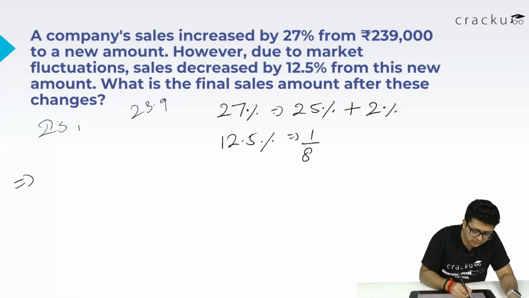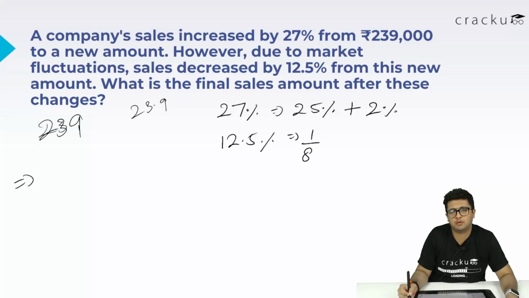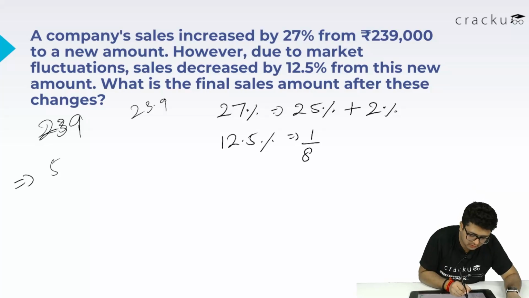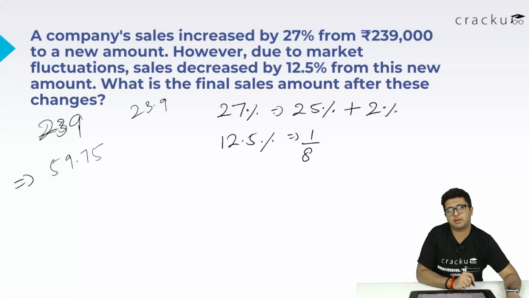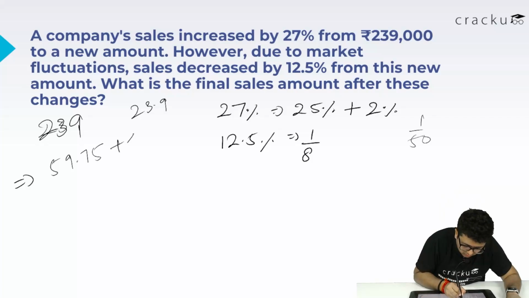Just for ease of calculation, let me take 239 here, right? Calculating 27% will be 25% plus 2%. 25% will be nothing but this divided by 4, so I can write this as 59.75. And then 2% I can basically write as 1 by 50, which will be 4.78.